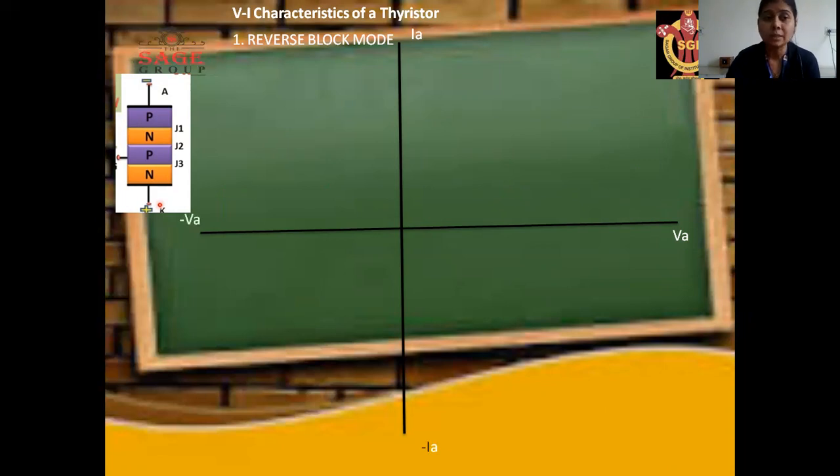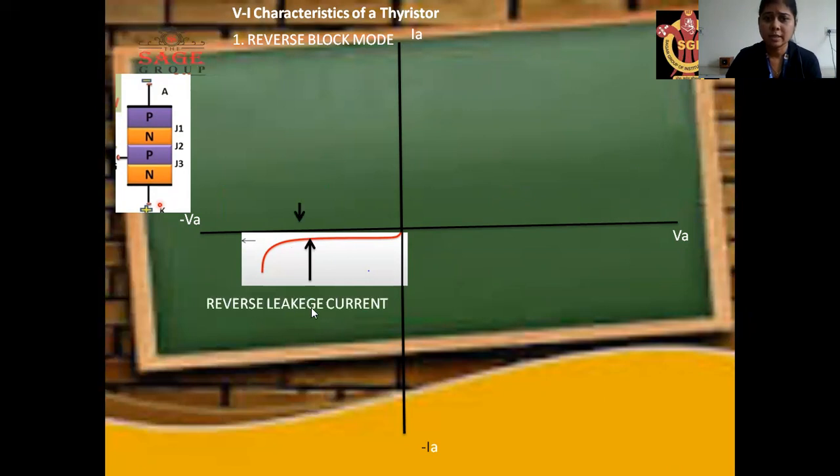We have already discussed that in the reverse blocking mode, only a small leakage current flows. This line shows the reverse leakage current. This mode of operation is the reverse blocking mode, and at this point is the reverse breakdown voltage.